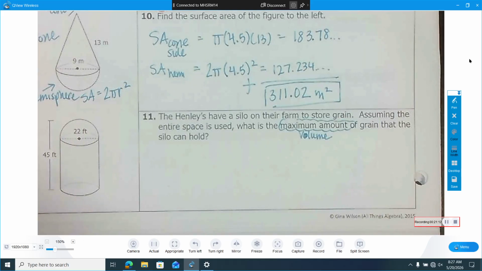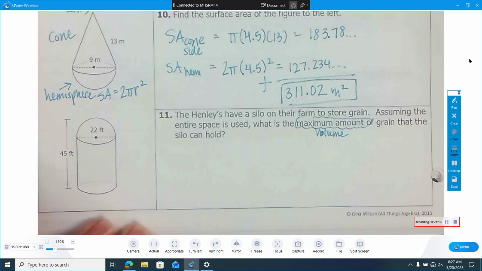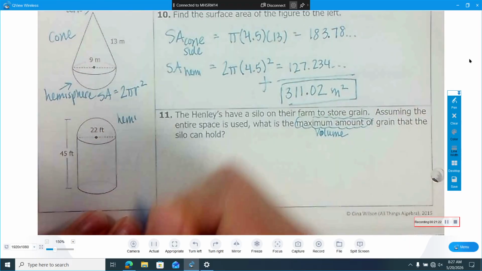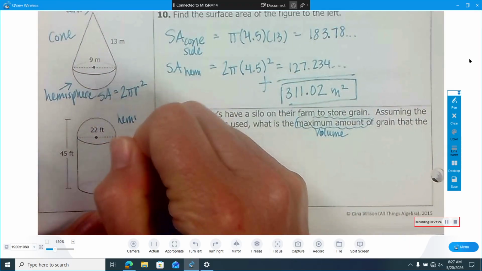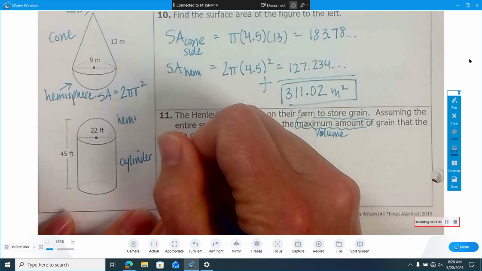Okay, what two shapes do we have here? Hemisphere, and a cylinder. All right. So we need the volume of the hemisphere.